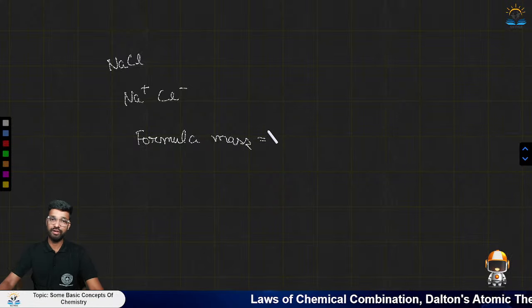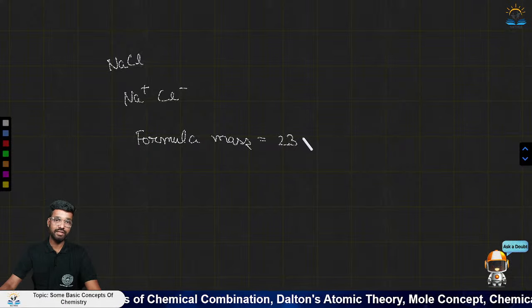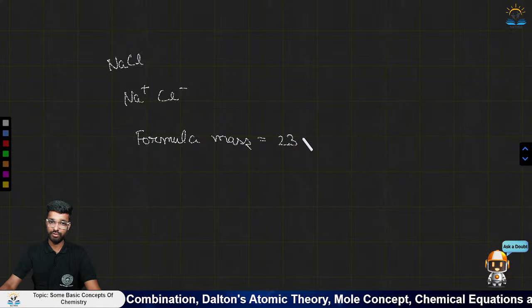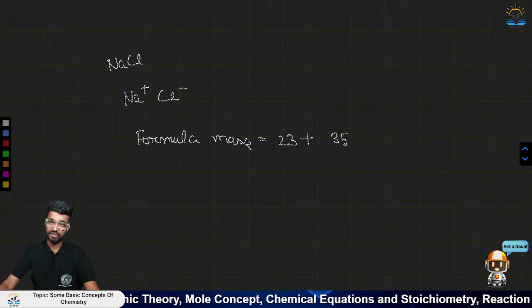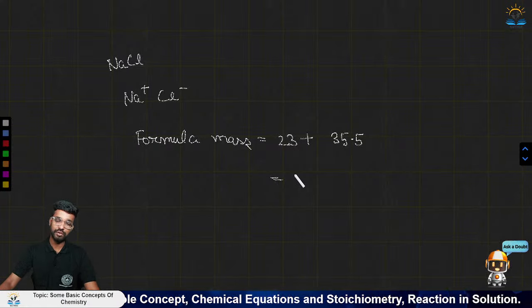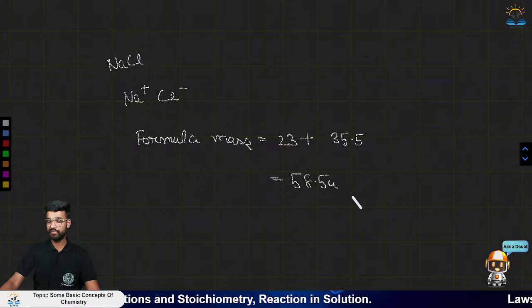There is no difference in the way of calculation. So it will be simply 23, the atomic mass of sodium, plus 35.5, the atomic mass of Cl. So it will be 58.5 u. So they are both in the same unit.